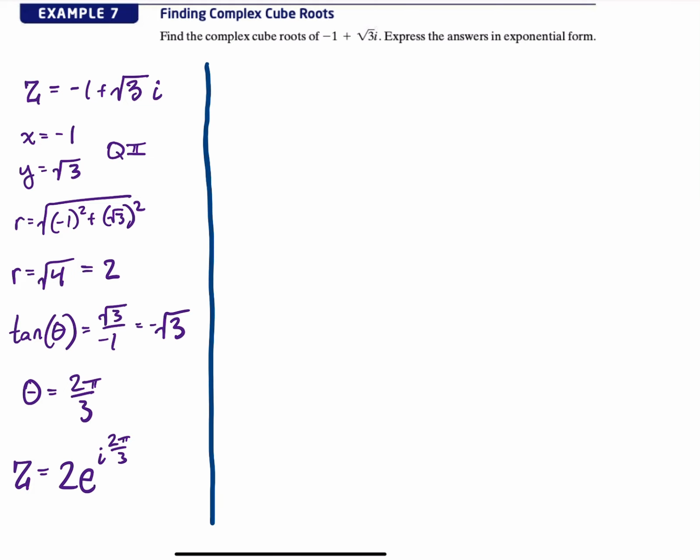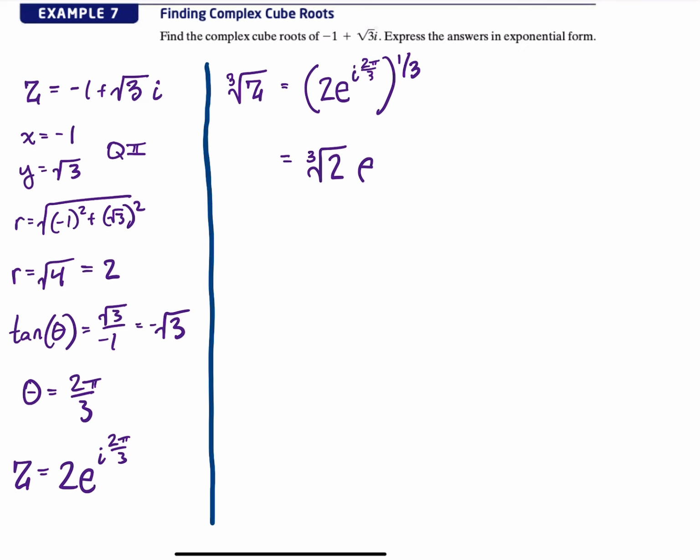So we want to find the cube roots of this complex number. So we're finding the cube root of z. So that means we can say this will be 2 times e to the power of i 2 pi over 3, to the 1/3 power. So that means we'll end up taking the cube root of 2. So the r value gets the root.